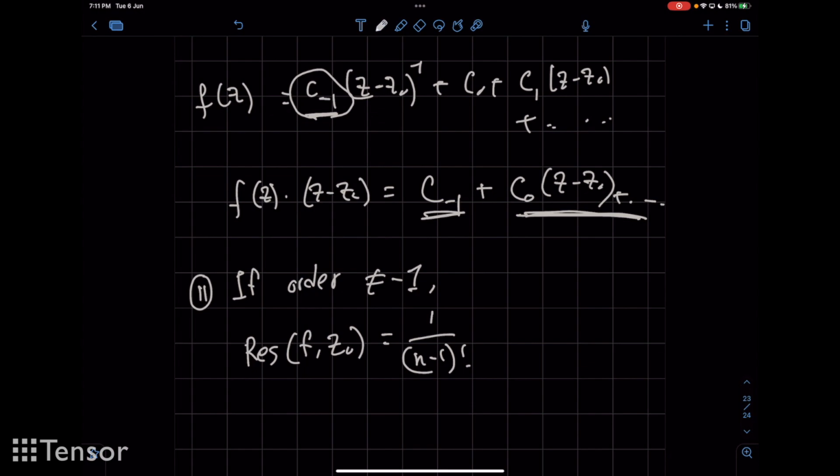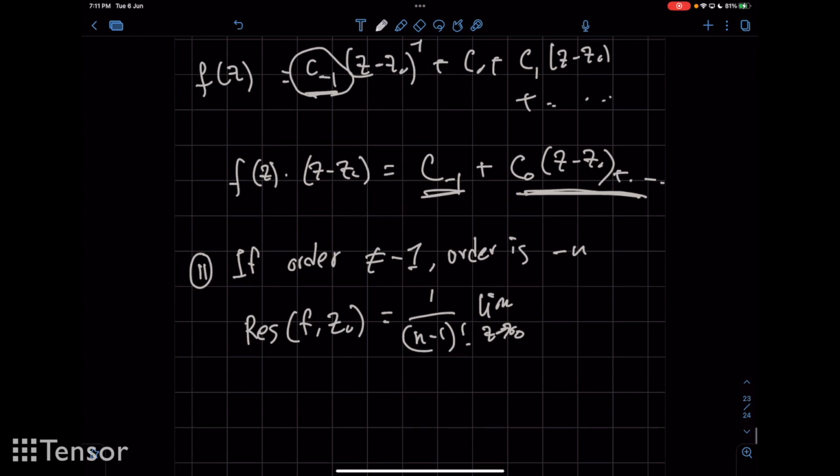So let's say the order is negative n. Okay. Limit as z goes to z naught, then the nth derivative.